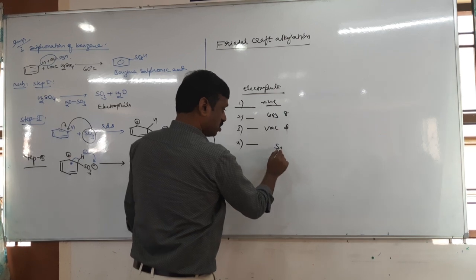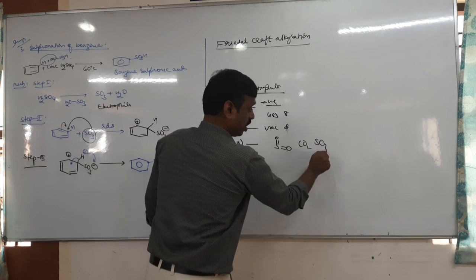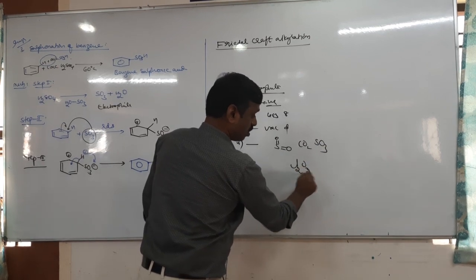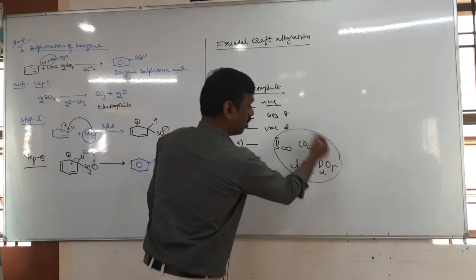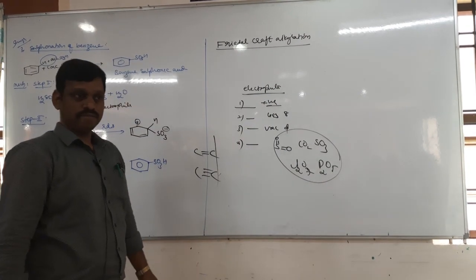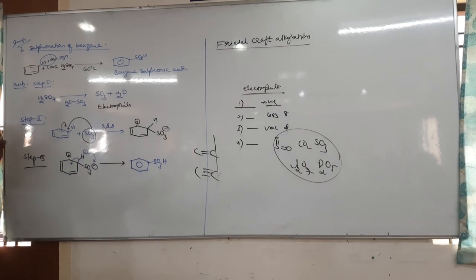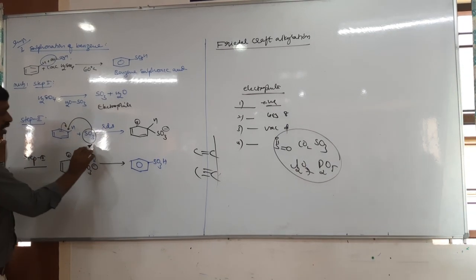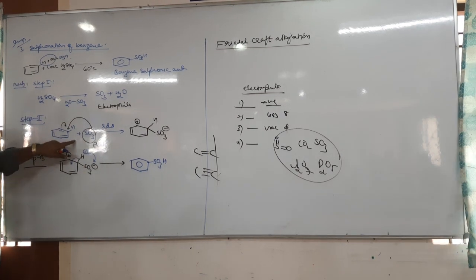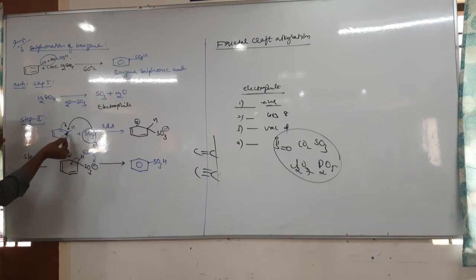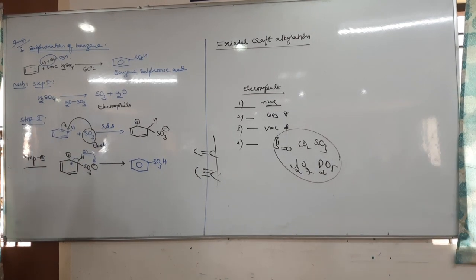Like sulfur dioxide, CO2, SO3, Cl2O7, P2O5, these are all electrophiles. Okay, if you have written, you change it. If you have not written, make the correction, it is an electrophile. Now this electrophile should attack on electron rich, no? That's what is possible. Next is Friedel-Crafts alkylation.